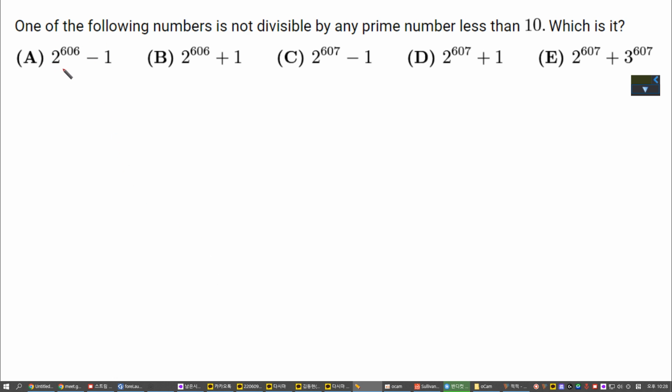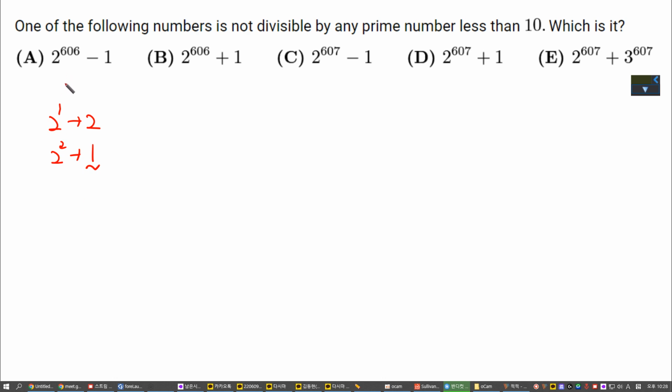Right? And how about the multiple of 3? We are looking only at the last digit. So when this one is divided by 3, the remainder is 2, and this one makes the remainder 1. So the remainder alternates between 2 and 1.